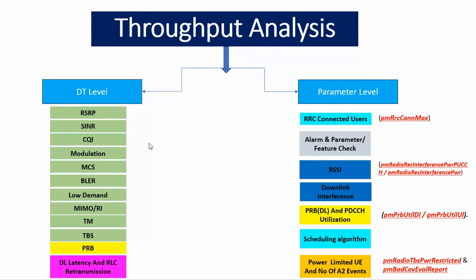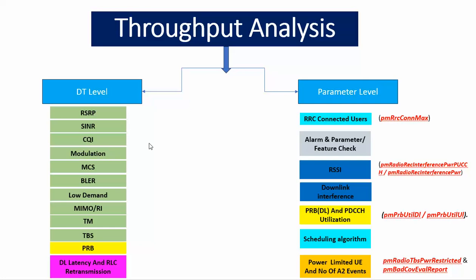Next, you need to check BLER also. If you are getting high BLER, you will get low throughput, because suppose you are sending 100% and 10% gets errors, it will also degrade our throughput.